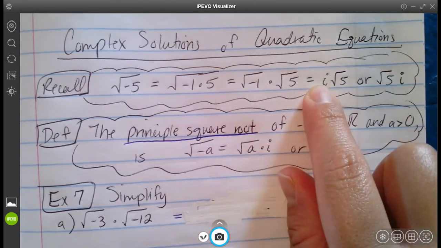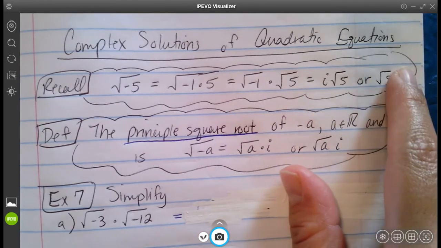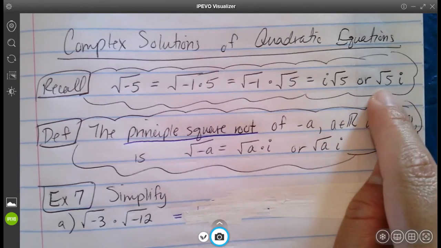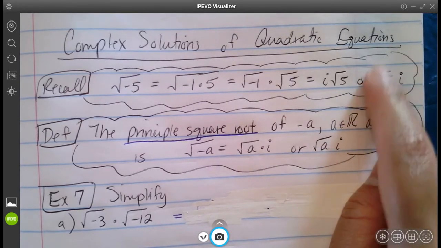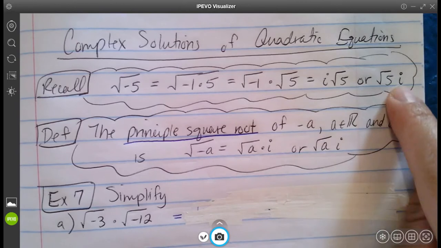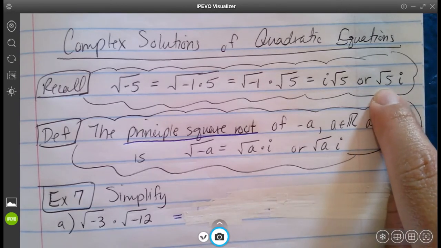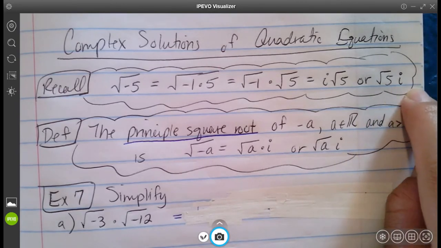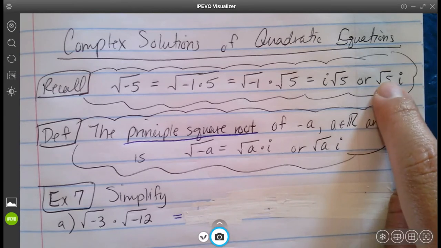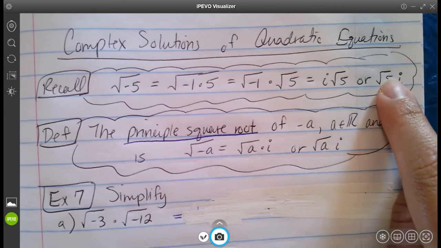We can write it like this, or like this. Your web assignment is probably going to ask for it like this, so we'll have to double check on that. Just make sure that if you do it this way, your i is on the outside of the roots, not underneath, because that's not the same thing.